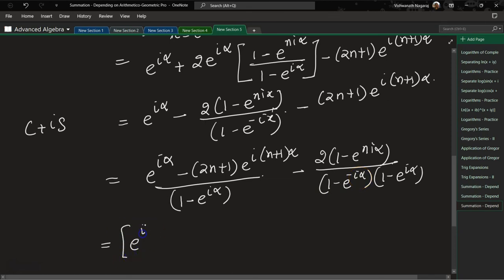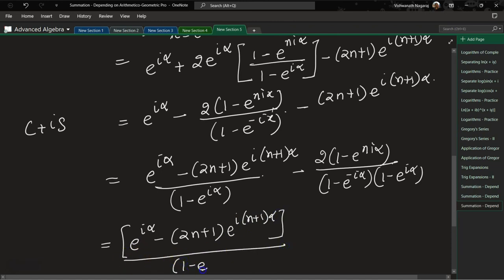So e to the power of i alpha minus (2n plus 1) e to the power of i(n plus 1)alpha times, remember we can't just multiply the denominator, we have to multiply the numerator also. So minus i alpha, which means numerator also we have to multiply by minus i alpha.